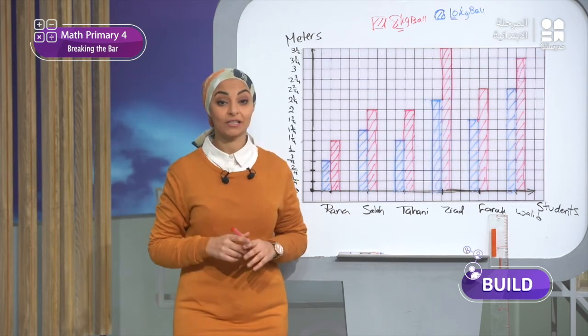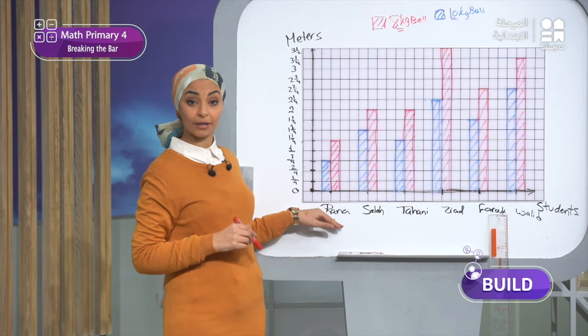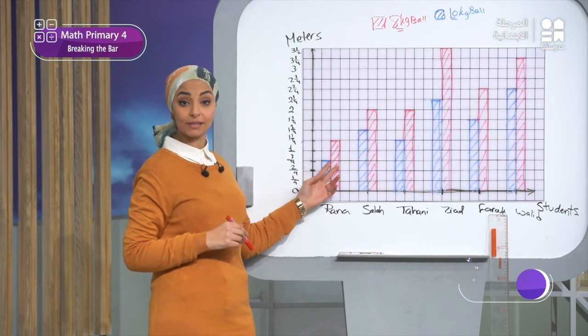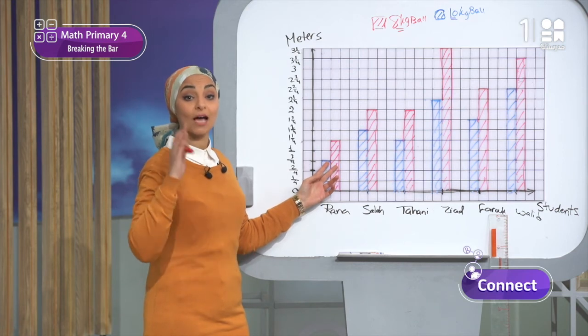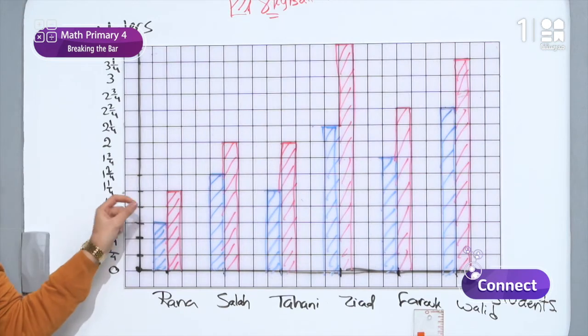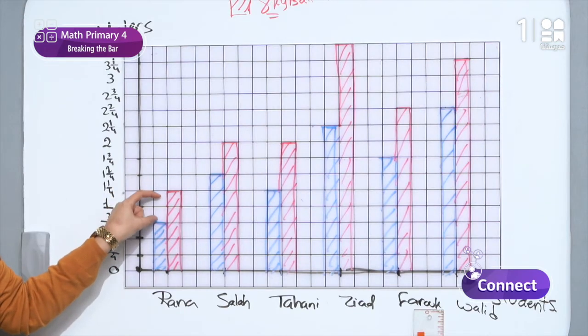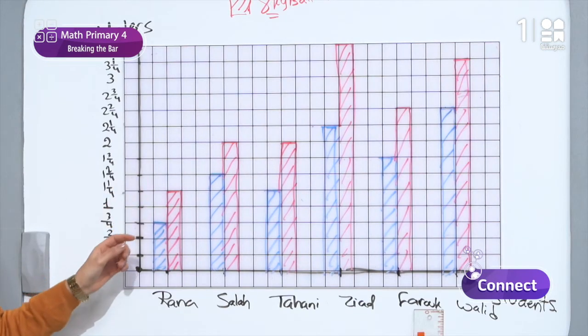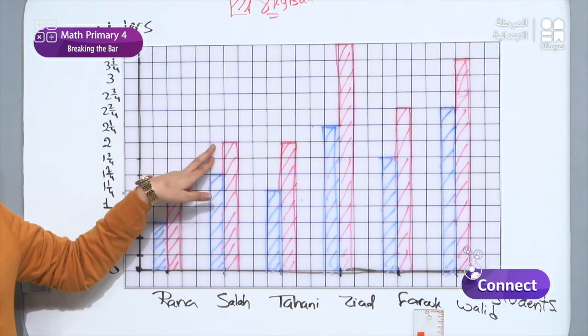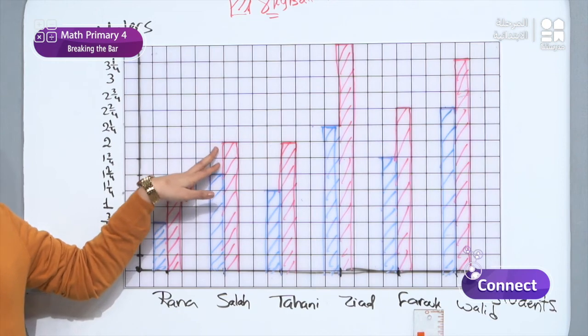If you check Rana's bars, you will find the difference between the two recorded distances is half a meter. This one is a quarter and a quarter more, so the difference between them is half a meter. The same goes for Salah. The difference of the two bars, a quarter and a quarter, is also half a meter.